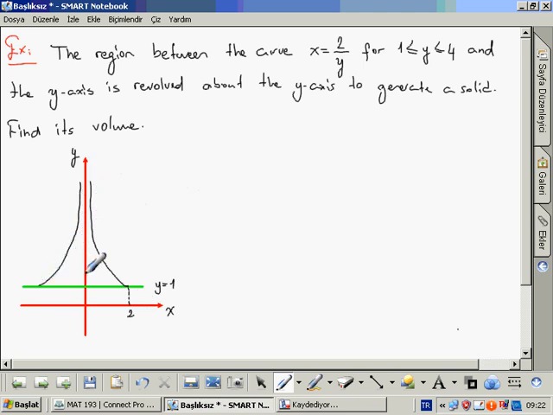This is roughly a horn, revolved as you see, and this part is y equals 2 over x.